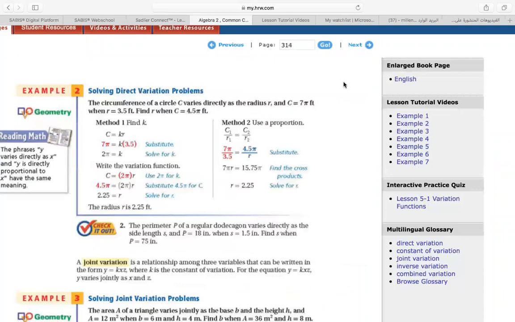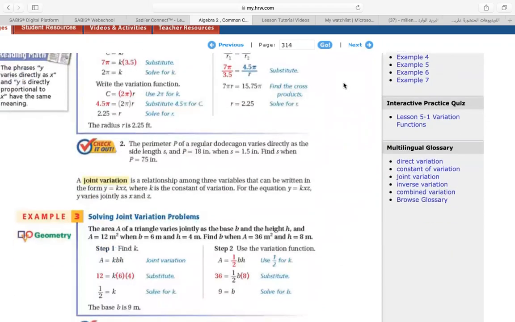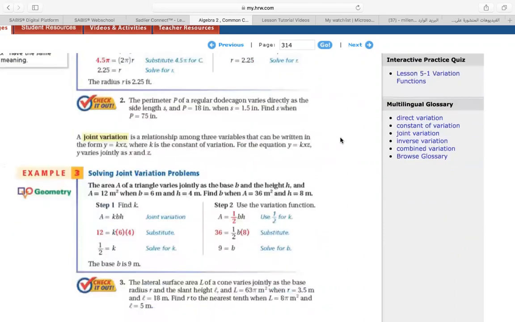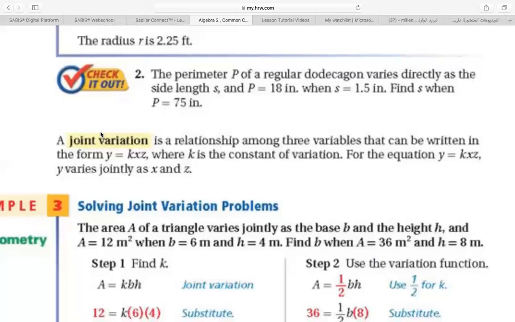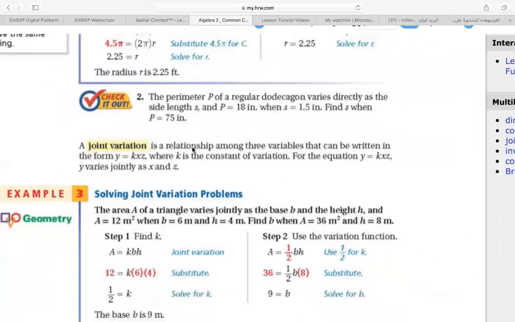Today we're going to learn another kind of variation, which is a joint variation. What is a joint variation? A joint variation is a relationship among three variables that can be written in the form y equals kxz, where k is the constant of variation.